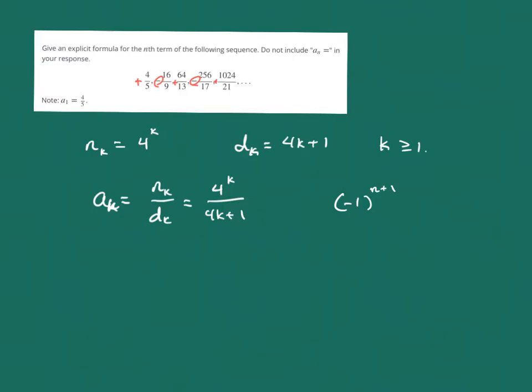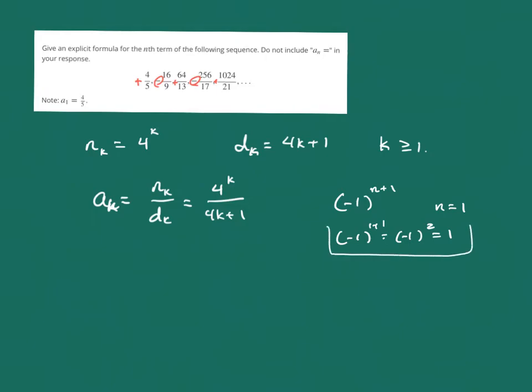Since my first one is positive, if n is 1, then I get minus 1 to the 1 plus 1, so minus 1 squared, and I get 1. So my first term is going to be positive.